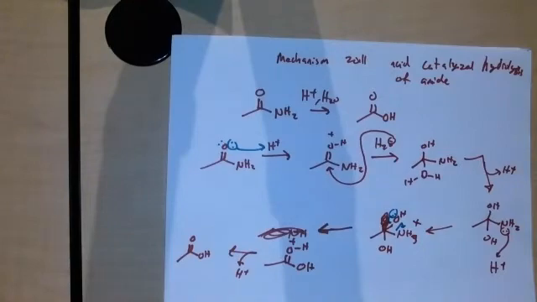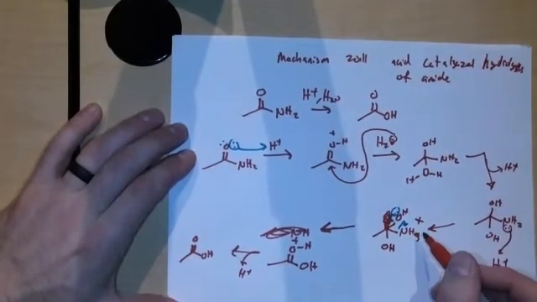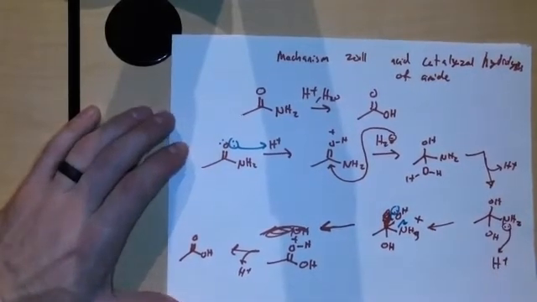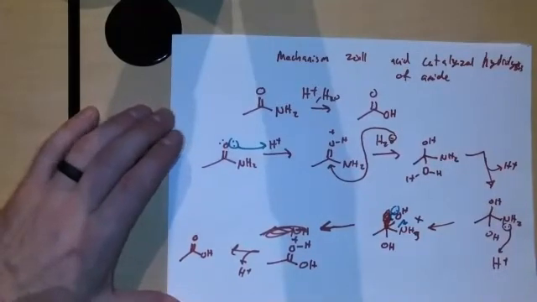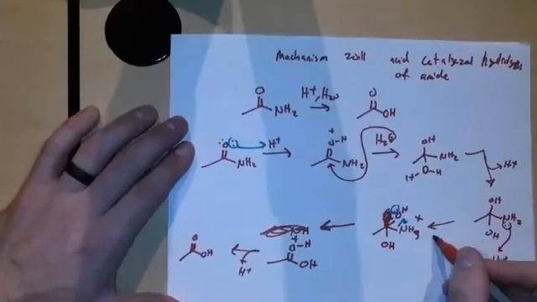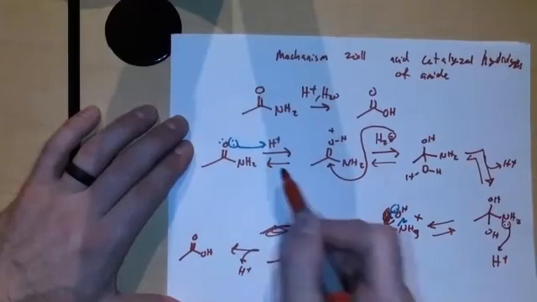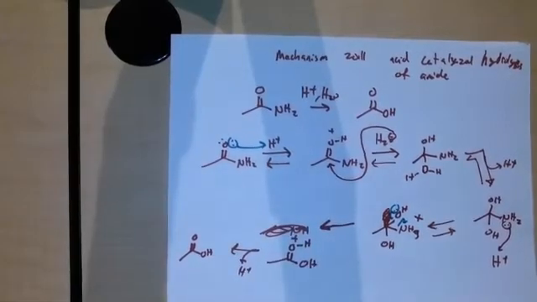The only difference is that not all of the steps in this are reversible. The attack of the amine is really unlikely to happen in this direction. So although most of these steps are reversible, this second to last one is not going to happen in solution.